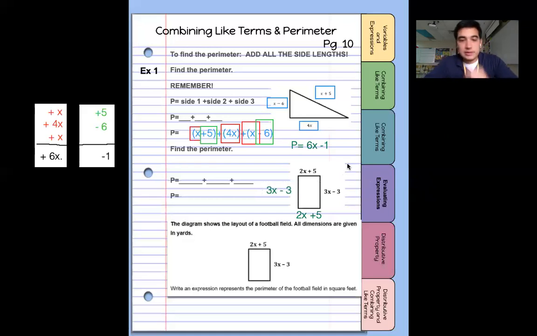So again, what I'm going to do is list all of my sides together, and then we're going to add them up.